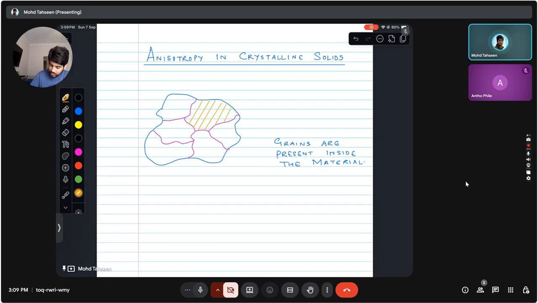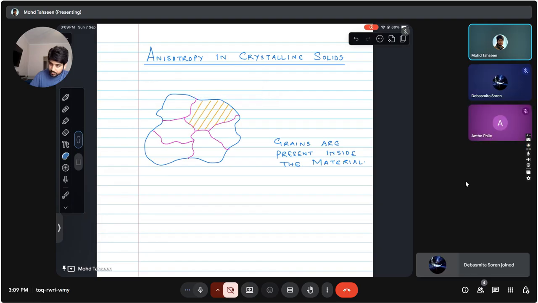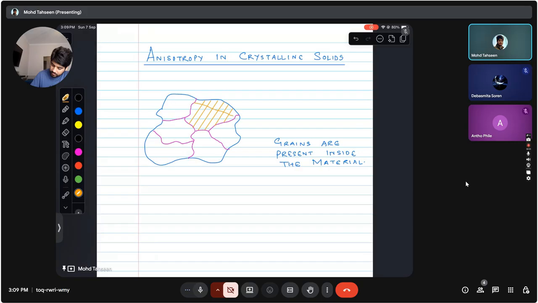It has a very particular arrangement of atoms, something like this.